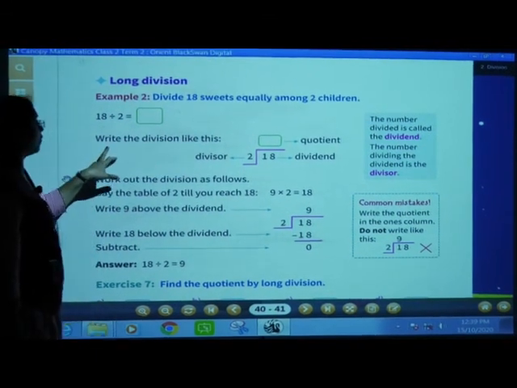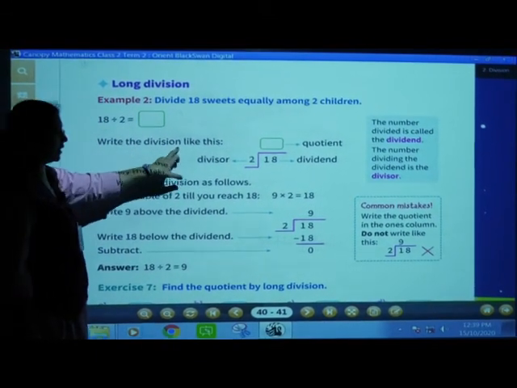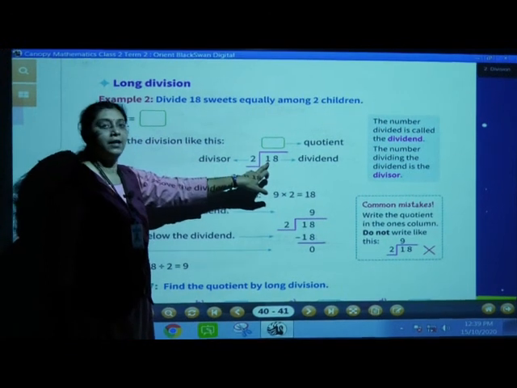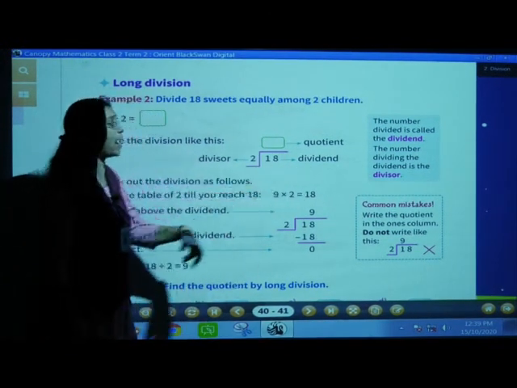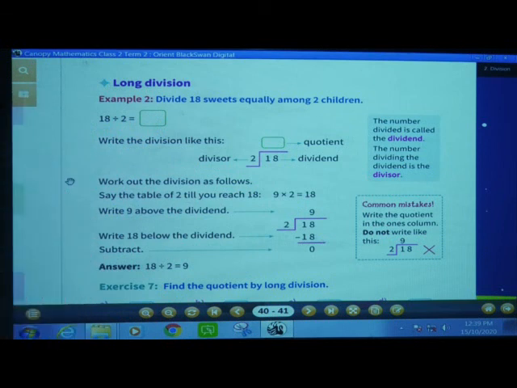First we have to write the division like this. 18 is the dividend. What is meant by dividend? The number divided is called the dividend.